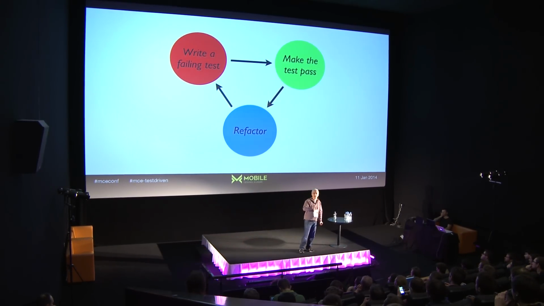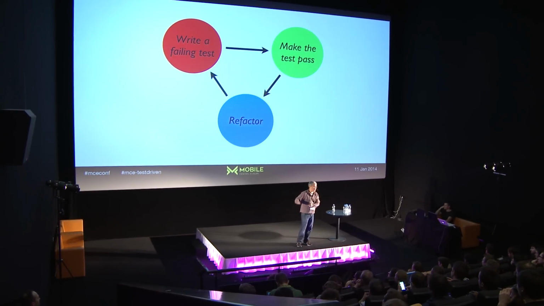It can be a hard-coded value that you're just returning back. The goal of doing that change is to transition from failing to passing. By doing that, you are proving to yourself that everything is hooked up correctly, that your test code and your production code are actually talking the way you want.